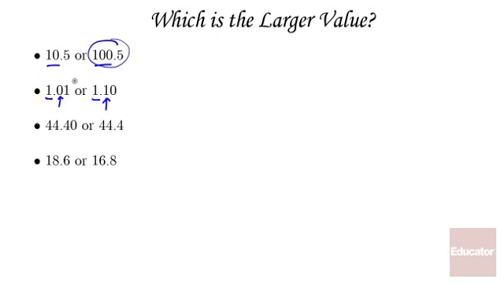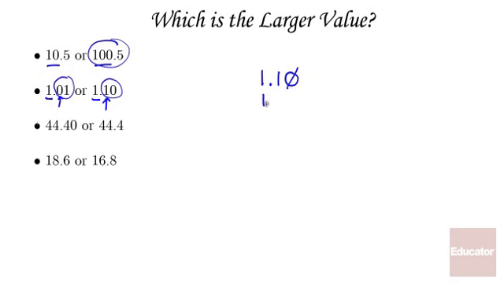Now even though this sounds like this is 1 and this is 10, this can be the same thing as 1.1. Now if I have a 0 at the end of my decimal, at the very end, and it's behind my decimal place, then I can just drop it.